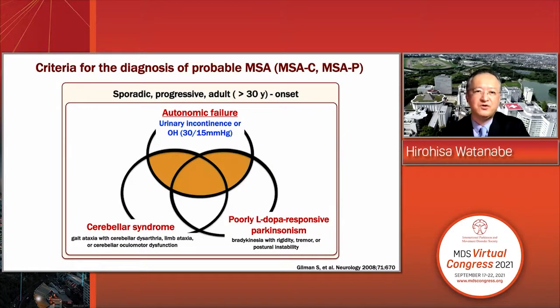I'd like to move on to the MSA topics. Severe autonomic failure, such as urinary incontinence or severe orthostatic hypotension, is essential for the diagnosis of multiple system atrophy, as you know.